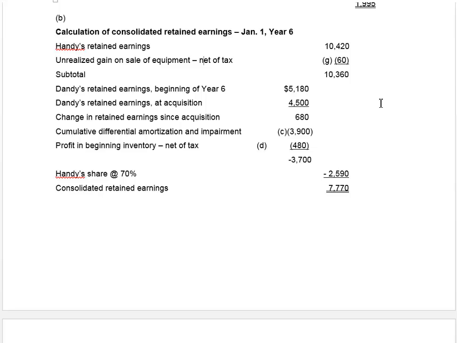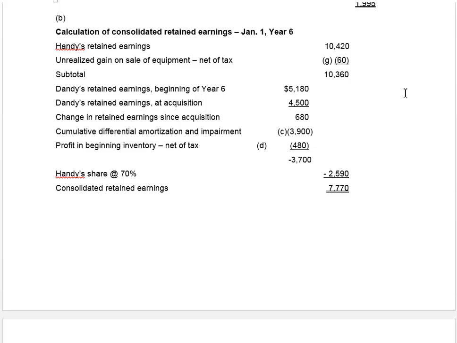Now, don't forget, we've already recognized some of that after-tax profit, that $120. We've already recognized some of it into income from a consolidated perspective. So we're interested in looking at the amount that the parent, Handy, has booked that the consolidated entity cannot yet recognize. So we're interested in the amount that is unrealized.